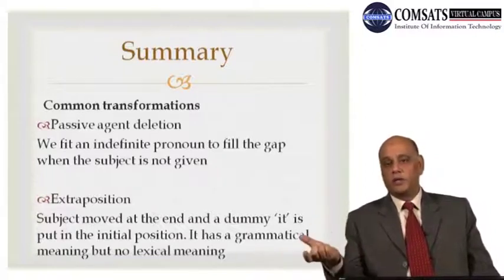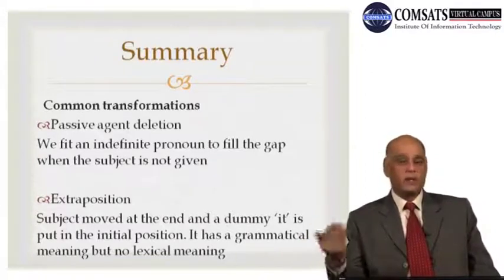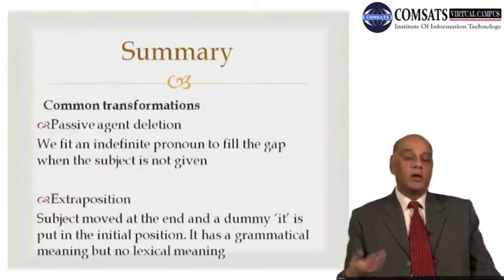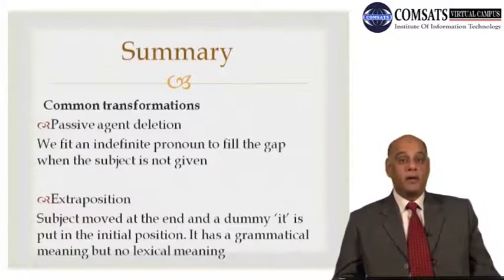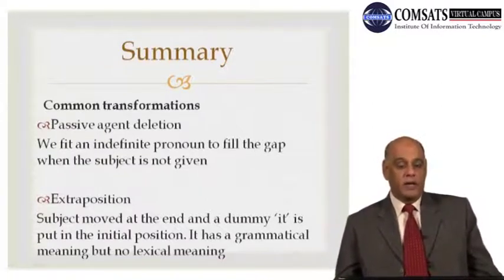So a letter was written has no agent, but then you are introducing John in order to make it an active voice sentence, or in order to make it a deep structure, to give it a deep meaning.